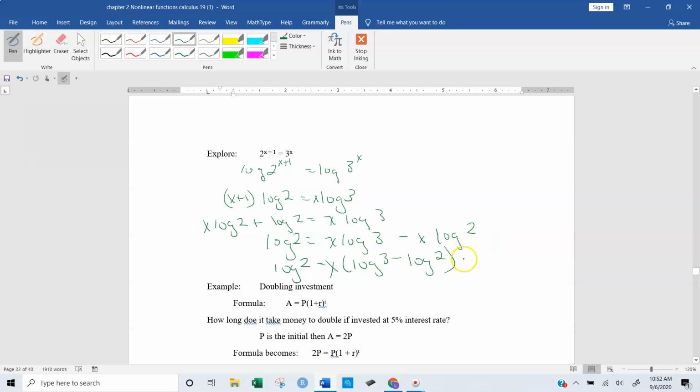I'm out of room, so I'm going to move up. And then you divide. So you have log 2 divided by log 3 minus log 2 equals x. Type that in your calculator, and you should get 1.71.